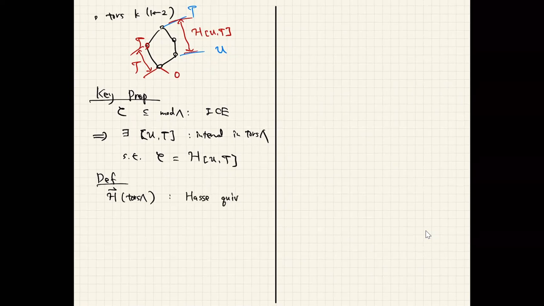The Hasse quiver is just an oriented graph whose underlying graph is the well-known Hasse diagram. So a vertex corresponds to a torsion class.